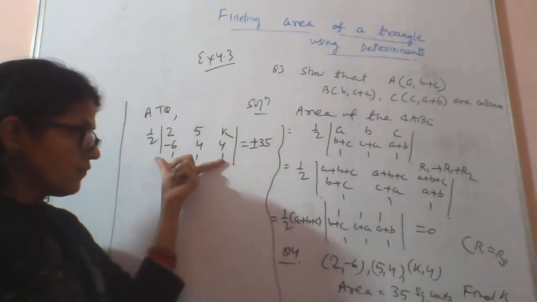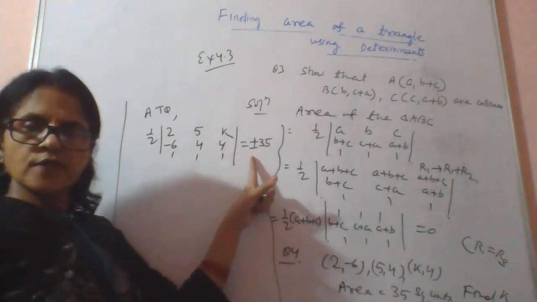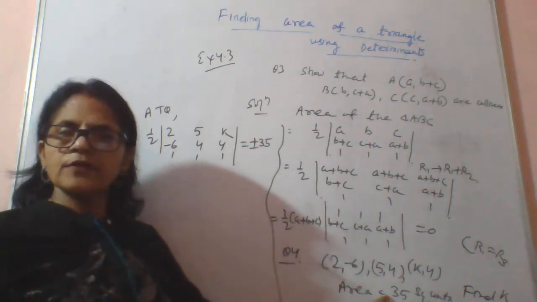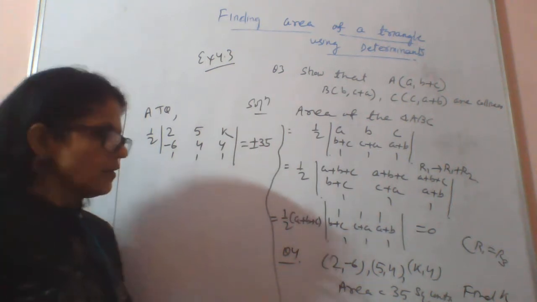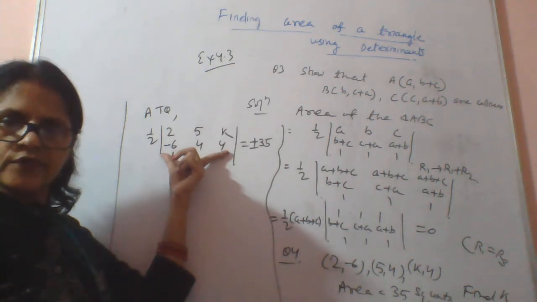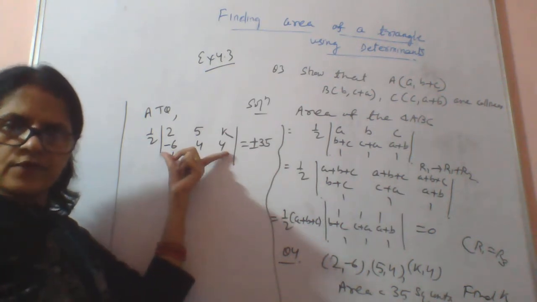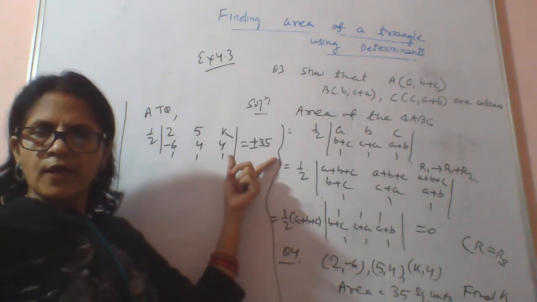Similarly, if half of this determinant is minus 35, then also we take the area as 35. Going the other way, the area is 35, so half of this determinant may be plus 35 or minus 35.